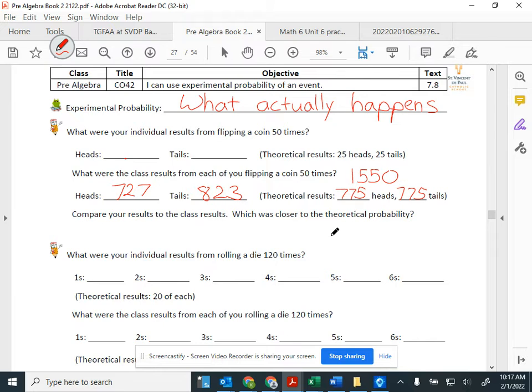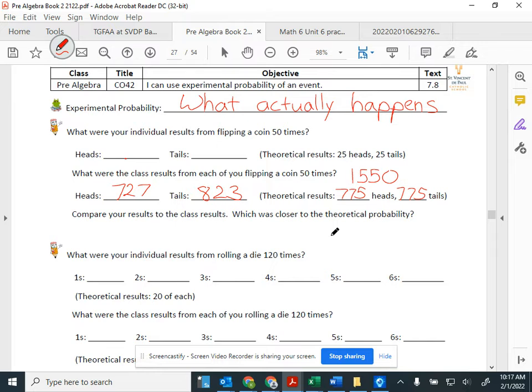If you got 22 and the theoretical is 25 versus 727 and the theoretical of 775, how can we compare those? Cole? Is that going to be a fair way to compare them? Izzy? Oh, you could find the percentage.